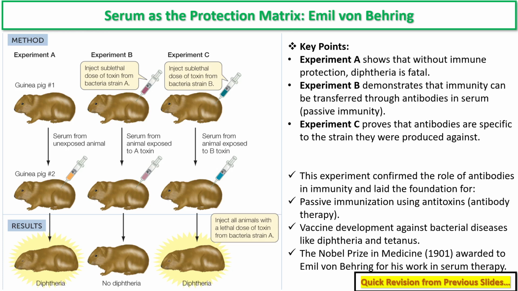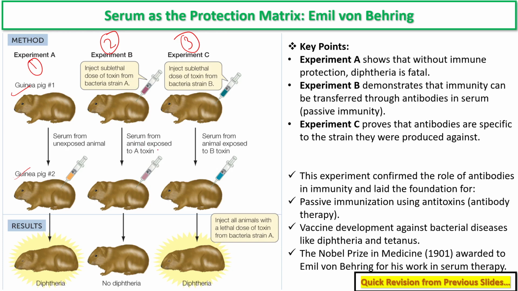He took three different groups in this experiment: A, B, and C. In the first group, guinea pig one was unexposed to any type of antigen. He took the serum from this unexposed animal and injected it into guinea pig two. In the second group, he took a sublethal dose of toxin from bacterial strain A and injected it into guinea pig 1.